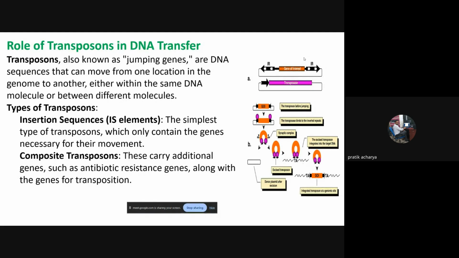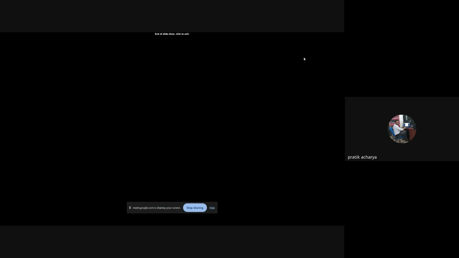Okay, then we'll go for the next slide. This is the end of this part. So many things we have covered from this unit. Tell me if you have any confusion from the bacterial genome evolution.